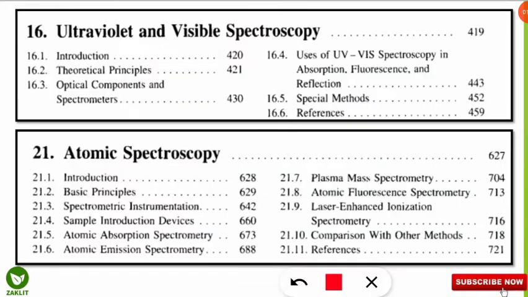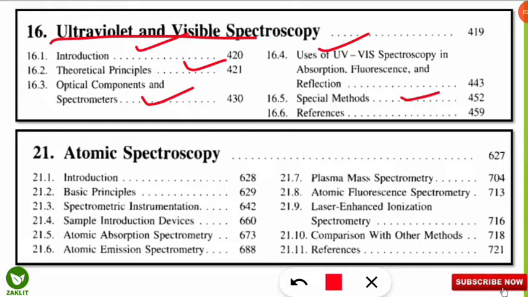So here are some of the examples which I have collected from that PDF. For example, if you want to know about UV visible spectroscopy, you have to go to the introduction. You will get the introduction of this method, the theoretical principle, what are the components and kinds of spectrometers, the uses of UV visible spectroscopy, and what are the methods and special methods in this concept in analytical chemistry.